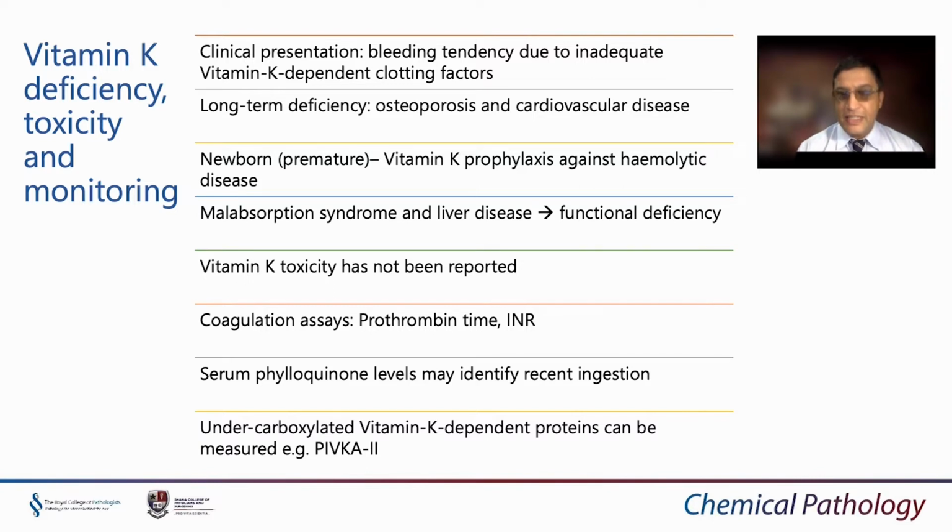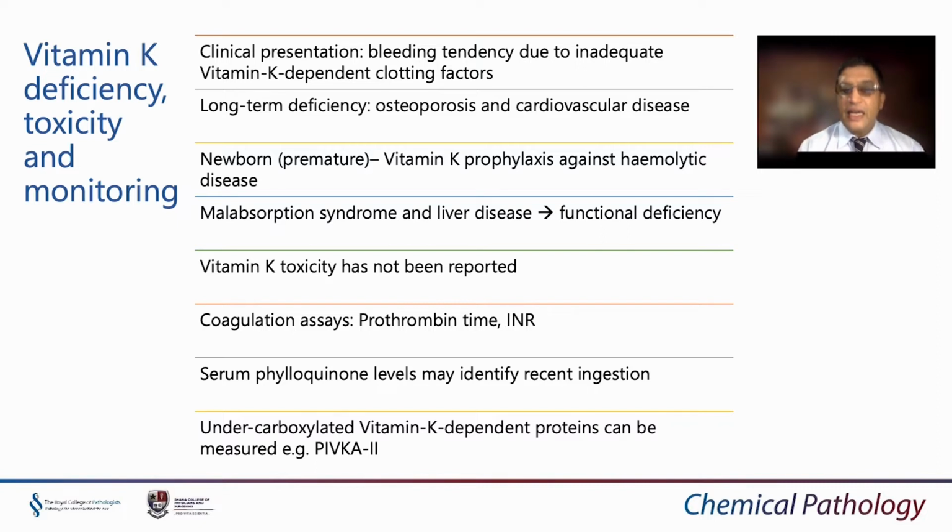Malabsorption syndrome and liver disease may also result in a functional vitamin K deficiency, which may be resolved on administration of vitamin K and monitoring the response post-administration. Vitamin K toxicity has not been reported.